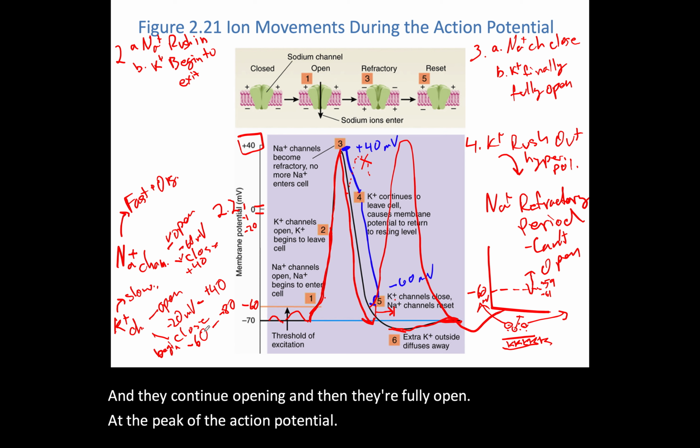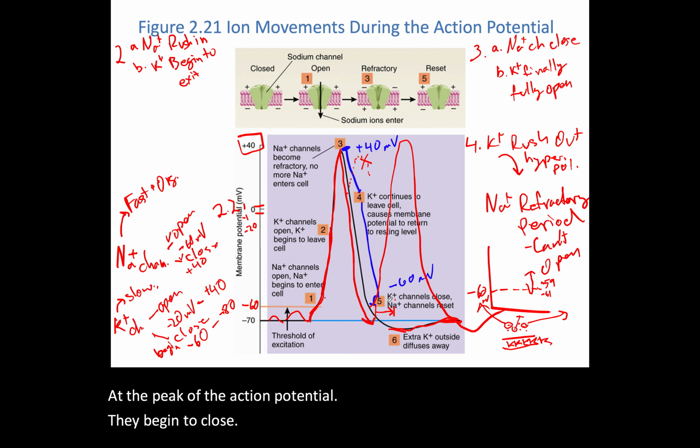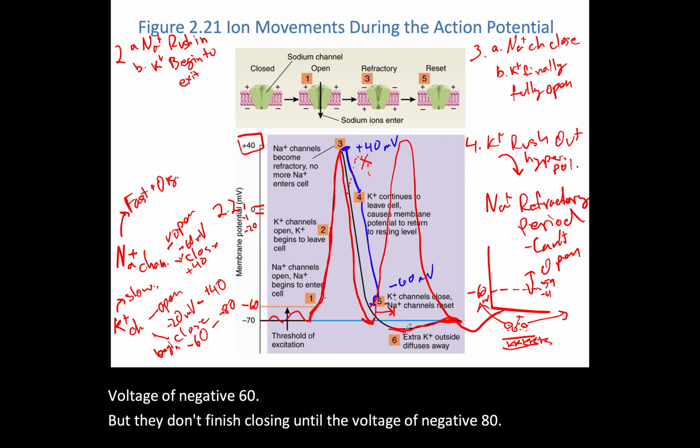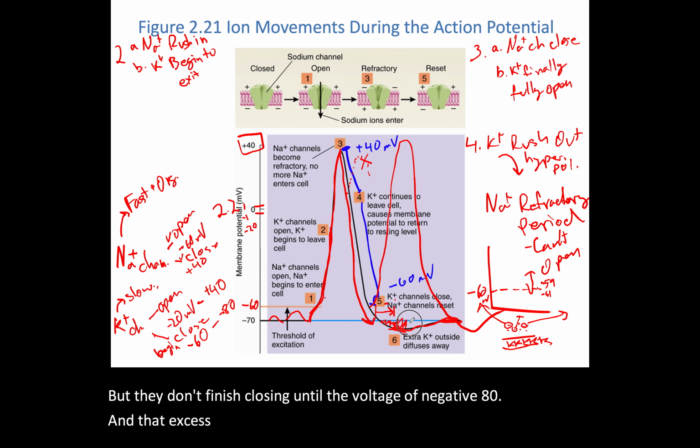Similarly, they begin to close at a voltage of negative 60, but they don't finish closing until a voltage of negative 80. And that excess potassium leaving is what accounts for this portion, the post-action potential hyperpolarization.